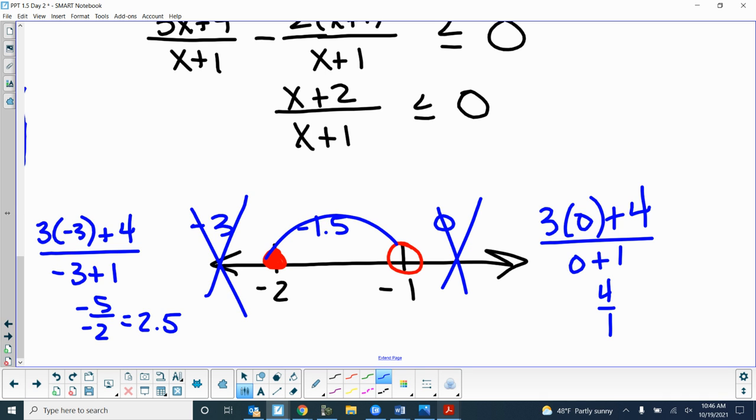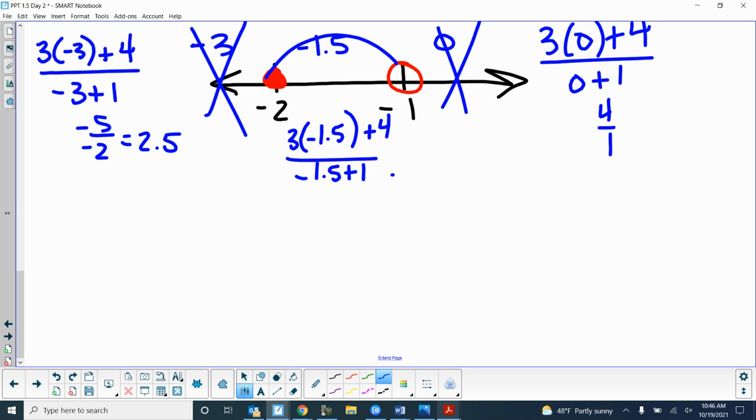But if you put the negative 1.5, 3 times negative 1.5 plus 4 over negative 1.5 plus 1. All right, that's a negative 4.5 plus 4 is a negative 1/2. Negative 1.5 plus 1 is another negative 1/2.